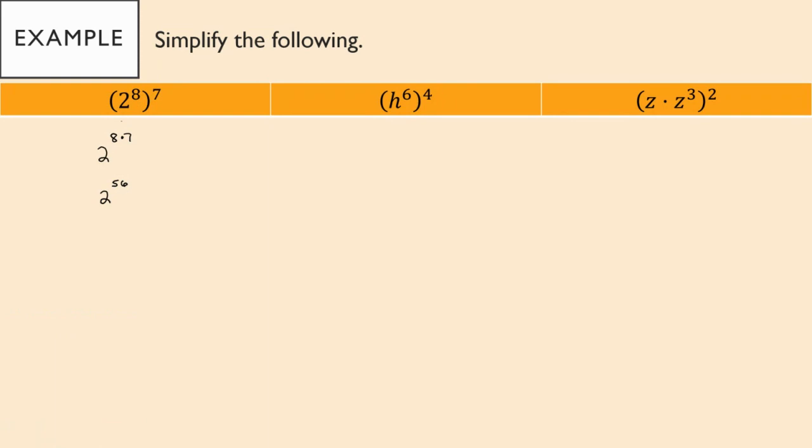If I did that on my calculator, it's a giant number. It's absolutely giant. So we're going to just leave it like that. But if you are curious, my calculator says 7.205 times 10 to the 16.